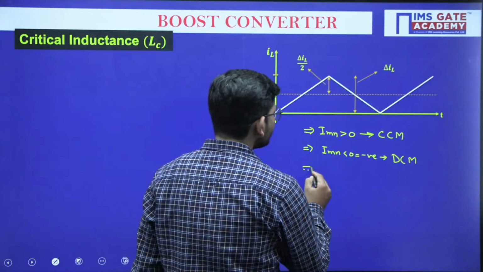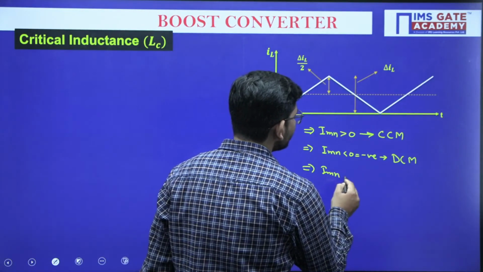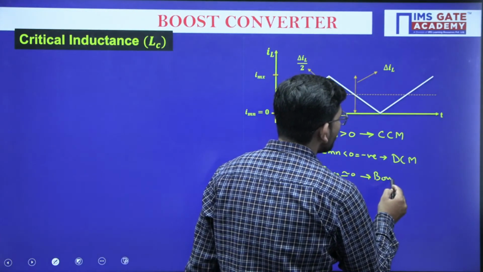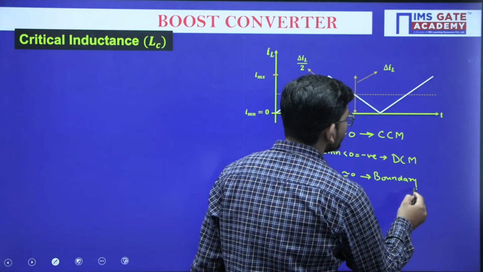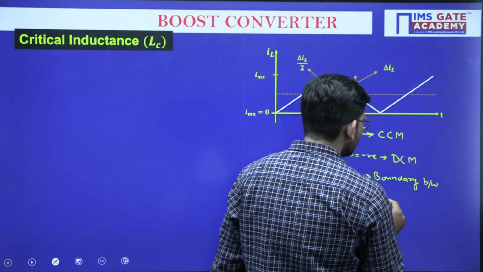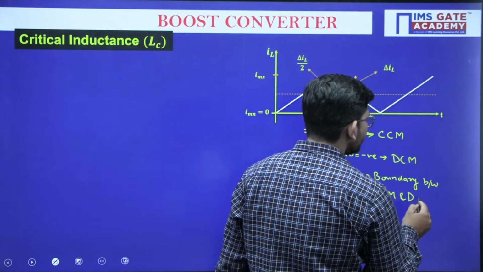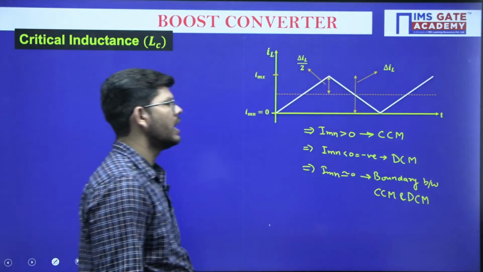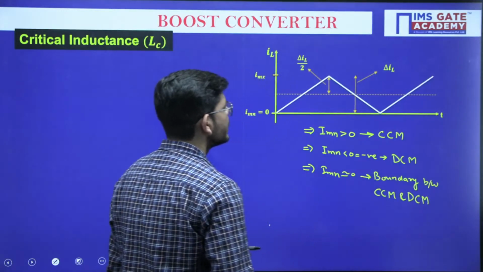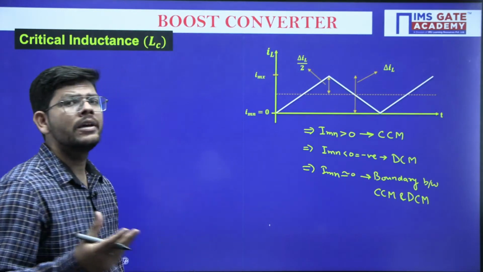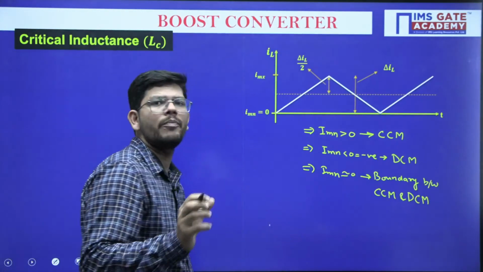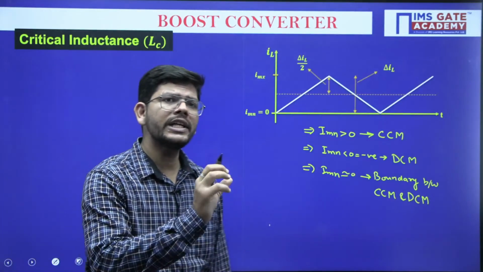If I minimum is approximately reaching 0, we call that the boundary between continuous and discontinuous conduction. So we have assumed here that I minimum is 0, which means the switch is operating at the boundary of continuous and discontinuous conduction.